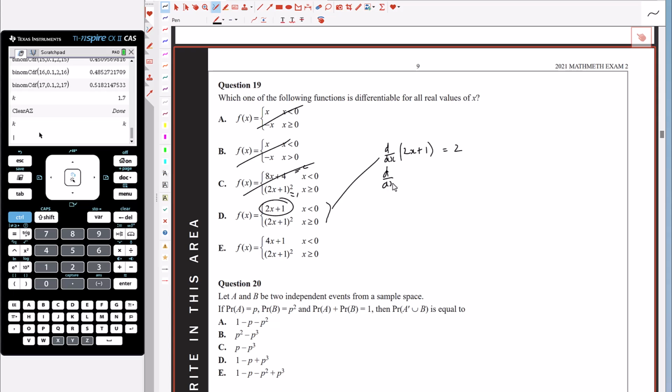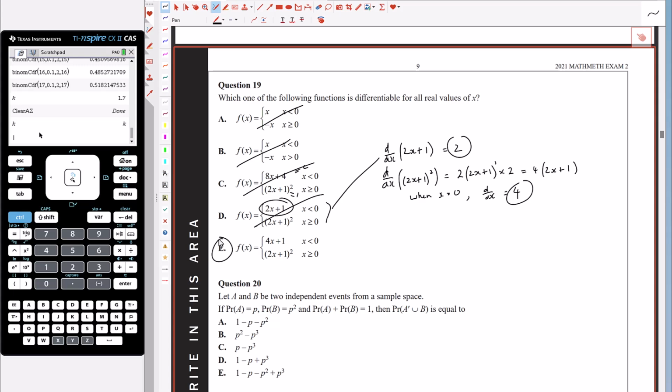The derivative of the other part of the function, 2x plus 1 all squared, is going to be a chain rule, so 2 times 2x plus 1 to the power of 1 multiplied by derivative of the inside, which is 2, so it's going to be 4 lots of 2x plus 1, and at x equals 0, derivative is going to be, it's not good notation, that can't equal anything, but go with it, it's just multiple choice. Derivative is going to be 4. Okay, so they don't have the same gradient where they join, so it's not going to be this one.